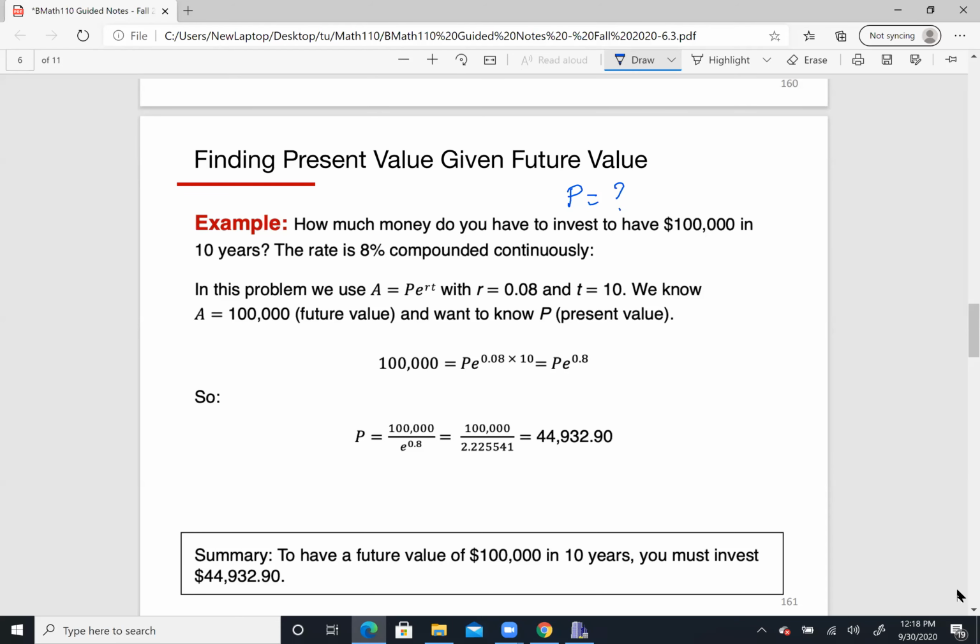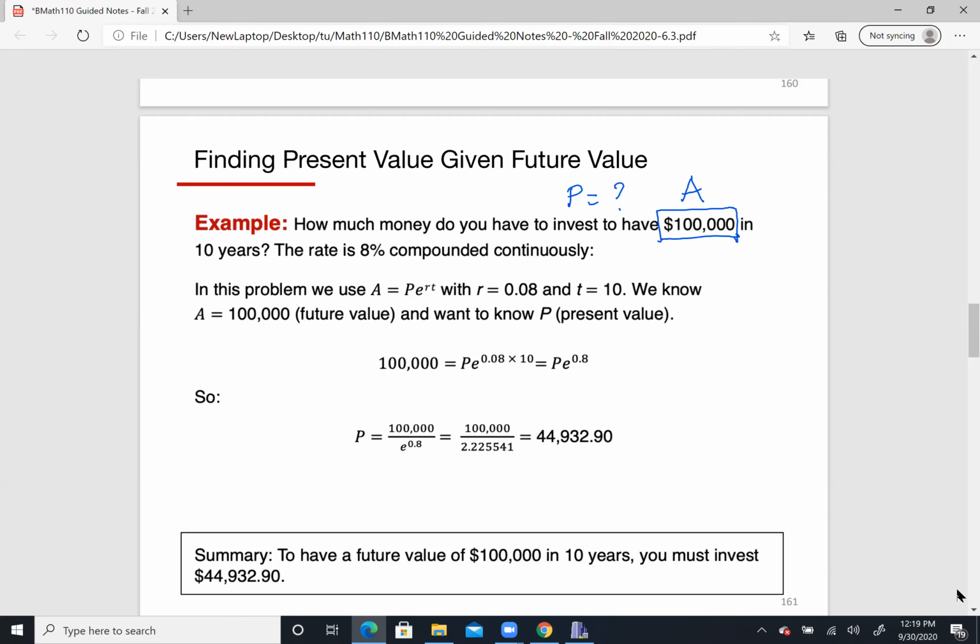And in this problem, we use A equal to P times e to the power RT with R equal to 0.08 and T equal to 10. And we know that we want A equal to 100,000, right? Then apply everything into the formula.